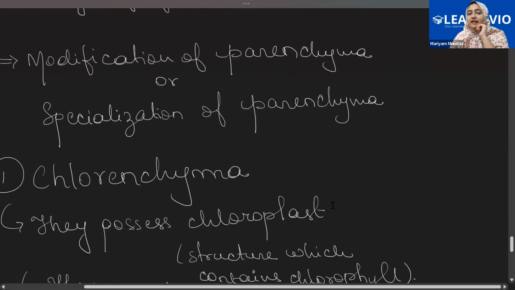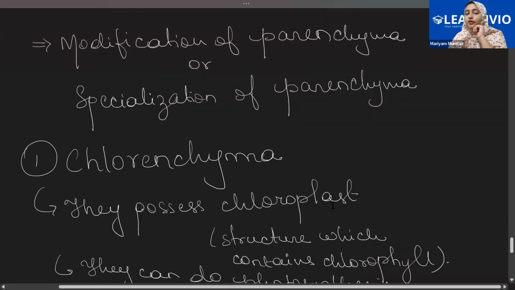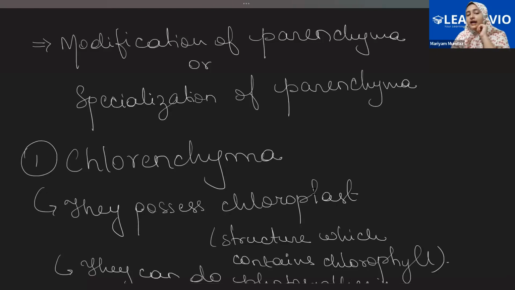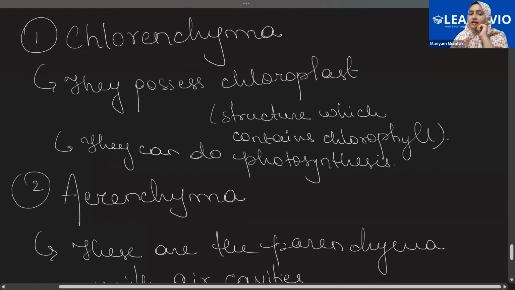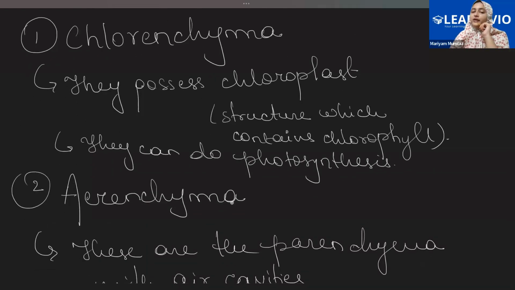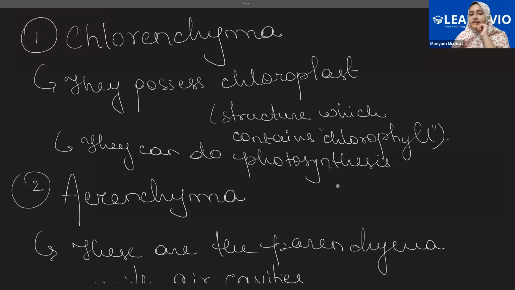Now, parenchyma undergoes some kind of modification or specialization to perform other functions. So we have chlorenchyma. They possess chloroplast. Chloroplast is the structure which has the chlorophyll present inside it. And we know that chlorophyll does the process of photosynthesis. More particularly, what does it do in photosynthesis?